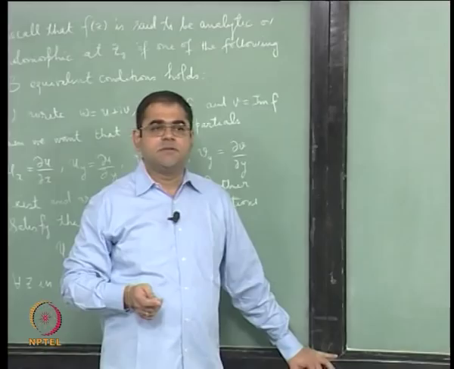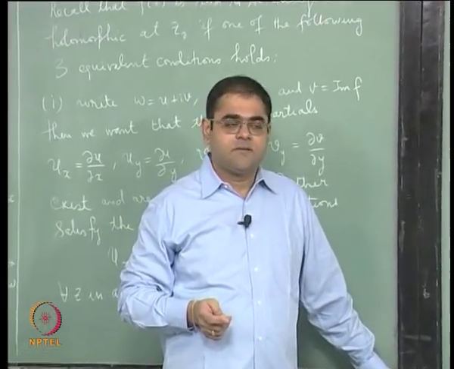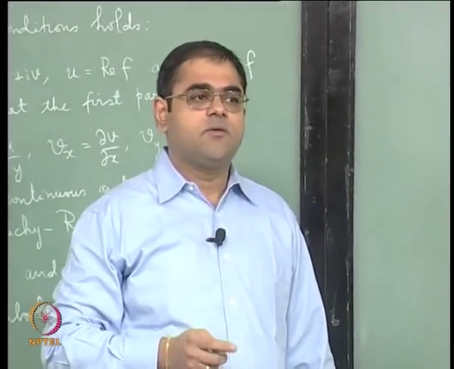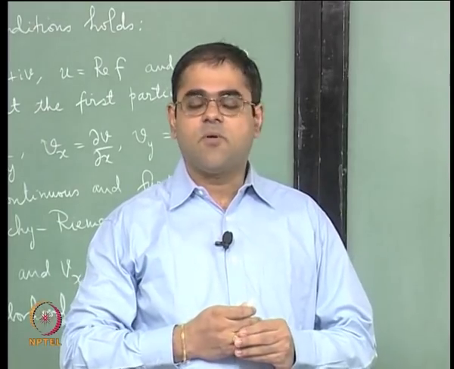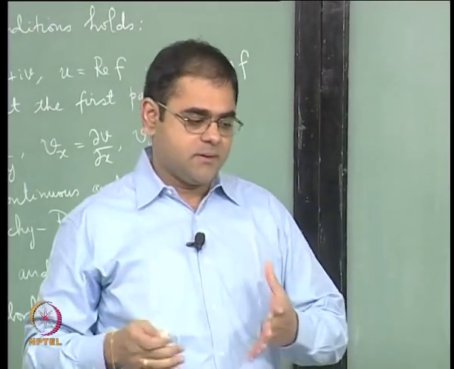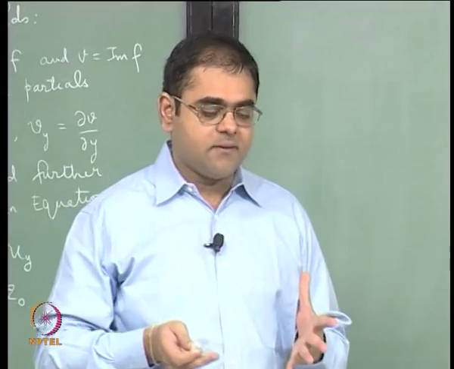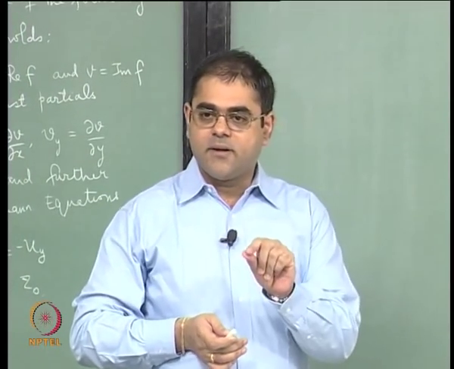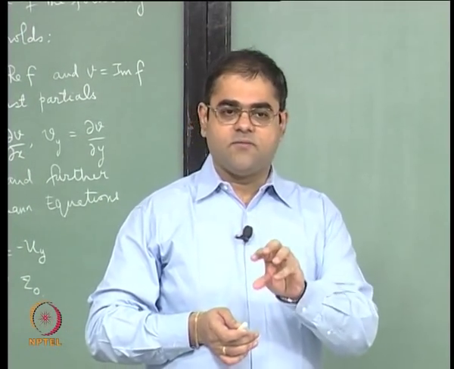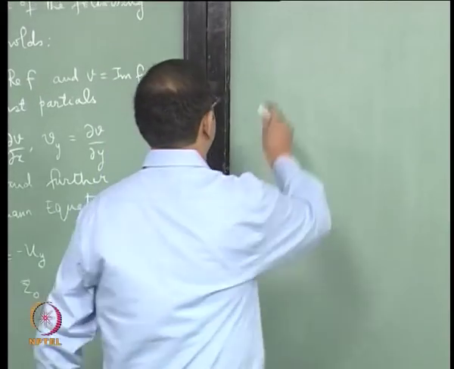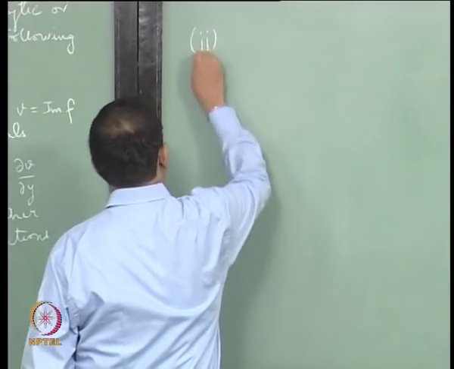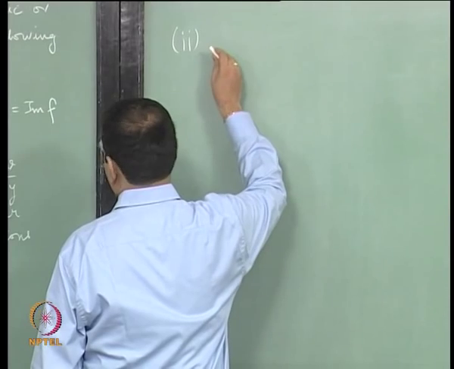The next condition that is used to define the holomorphicity or analyticity of a function at a point is the usual, down to earth definition that the function is differentiable not only at that point but at every point in a neighborhood of that point. So that's what I'm going to write down as the second definition.